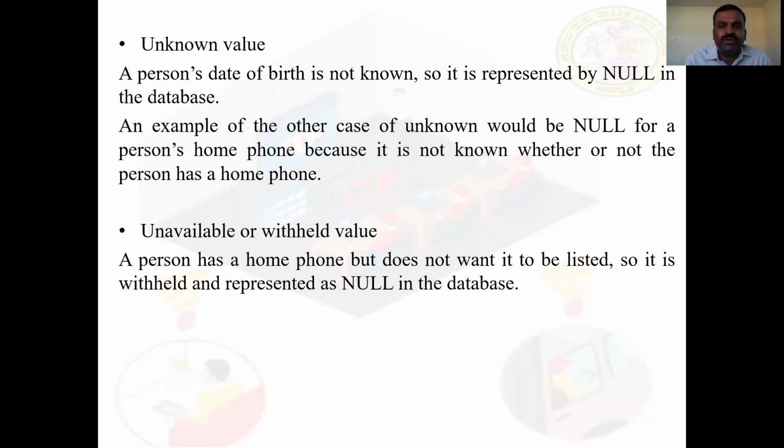Unavailable or withheld value is also one representation of null. A person has a home phone but does not want it to be listed, so it is withheld and represented as null in the database.